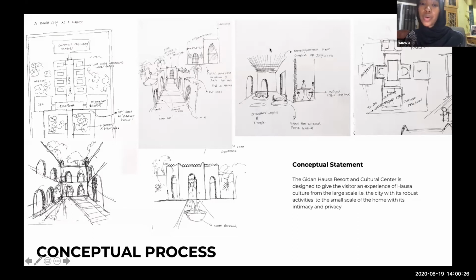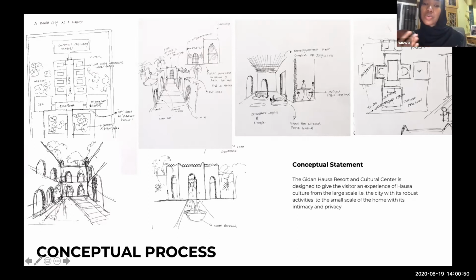I also wanted to incorporate a lot of cultural traditional elements in terms of what the visitor experiences, creating a sense of family. So with the kitchen and the restaurant, creating a space where you can, if you choose to, sit on the floor and have this experience of what it means to eat as part of a family.